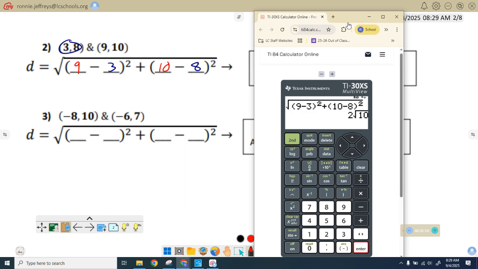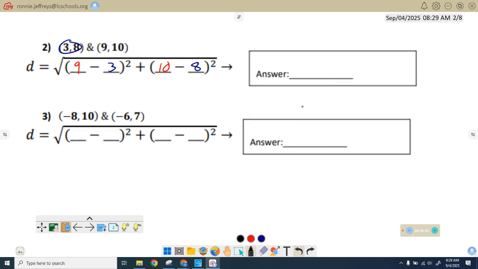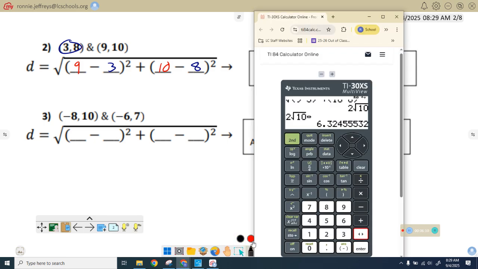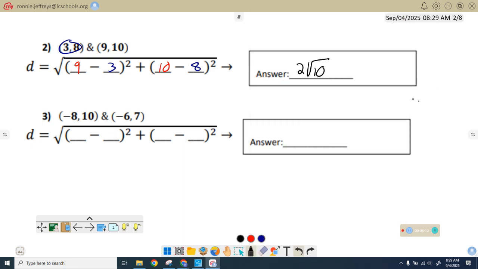All right, 2 root 10. Or, let's see, 6.324. 6.324. This ends up being 6.32. Okay? Yes? So, I'm getting the same answer, but I'm putting the numbers in different places. And I don't know how I'm getting the same. We'll have to look at that later.